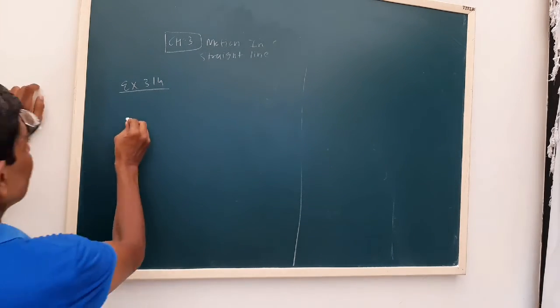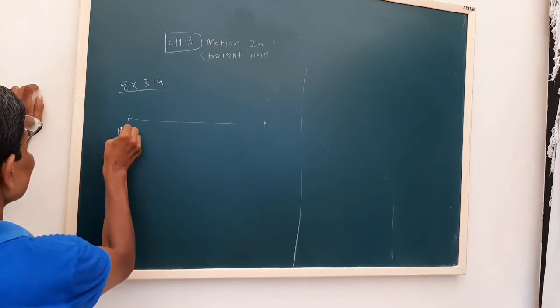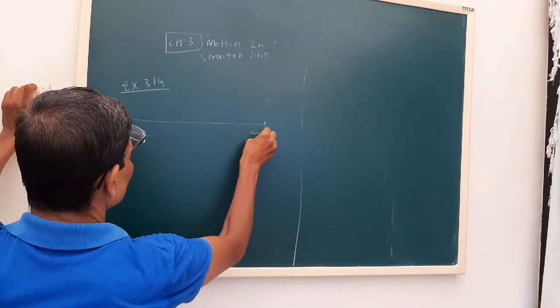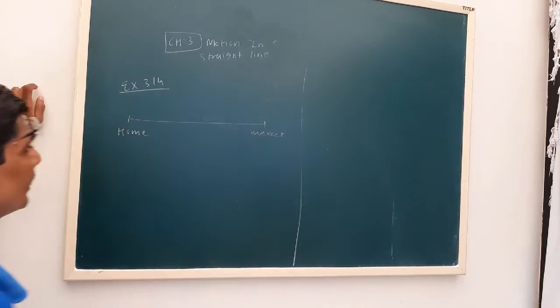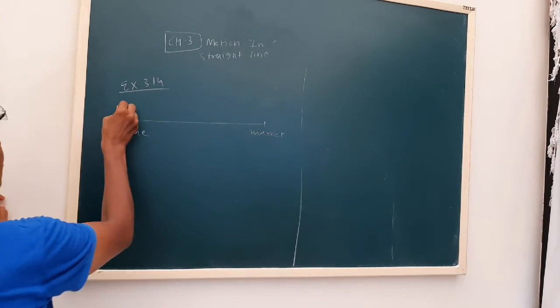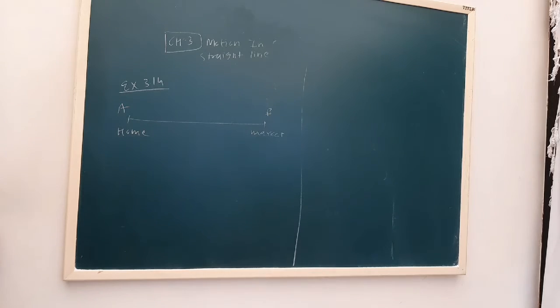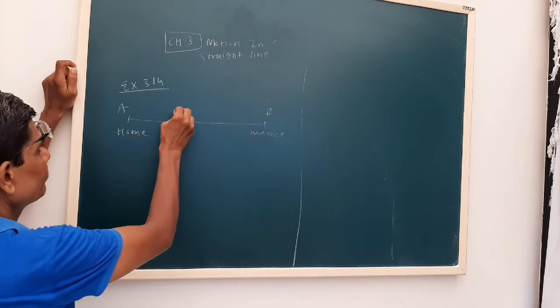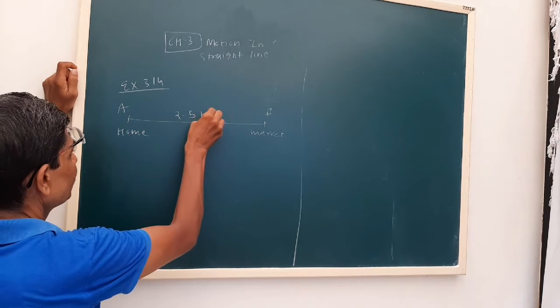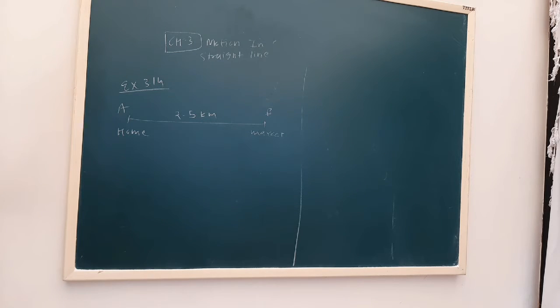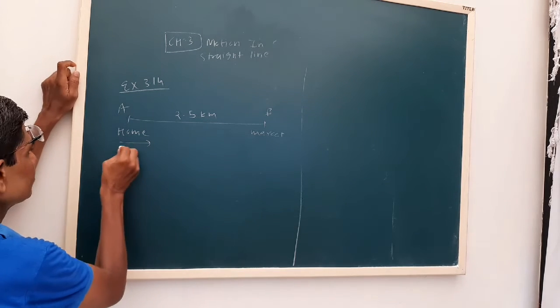Now a man walks from home to market. Let us say A is home and B is market. It is at 2.5 kilometers, with the speed of 5 kilometer per hour.